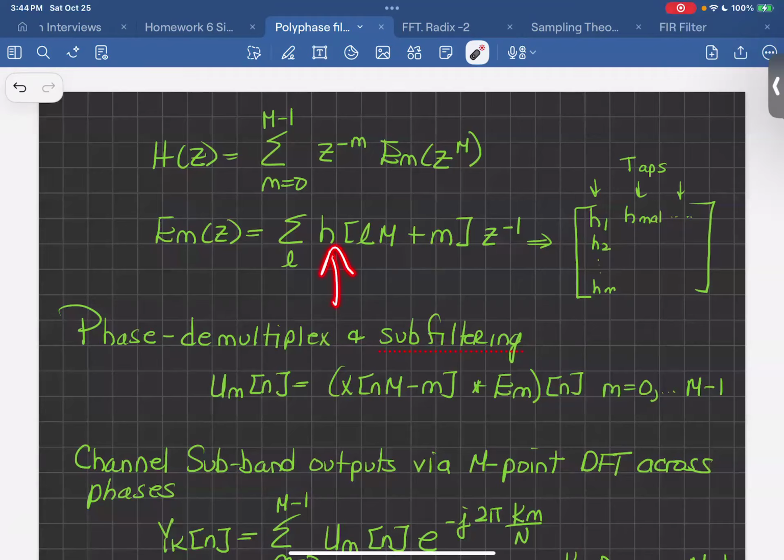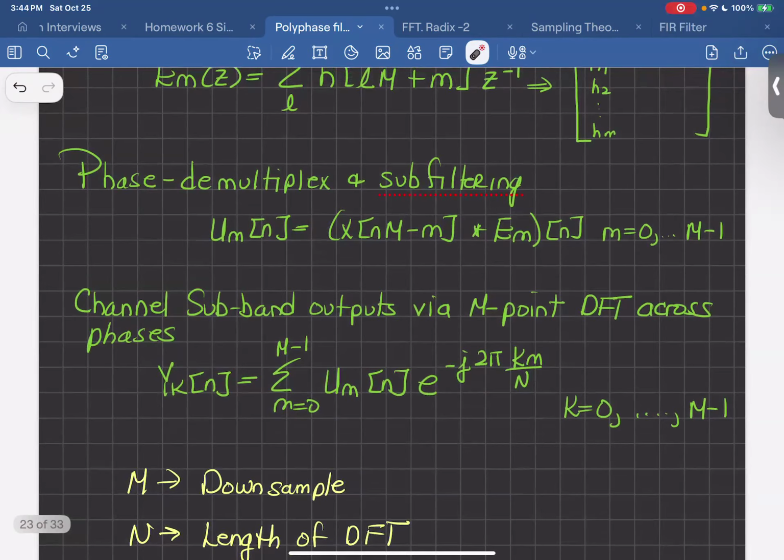Remember, we only need one filter. That's what's powerful. To service all of our frequencies, we need one filter. And then our filter coefficients are mapped in this array. And these are the taps. Okay? So each row is a downsample version of our prototype filter.